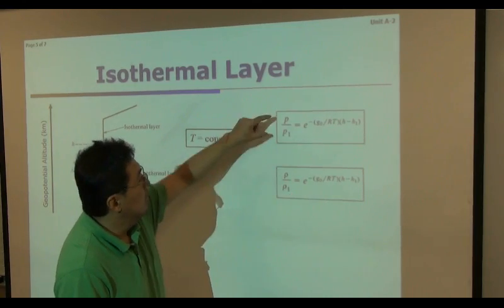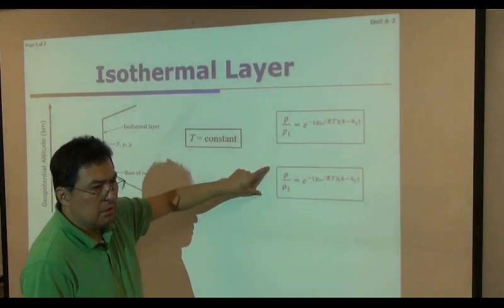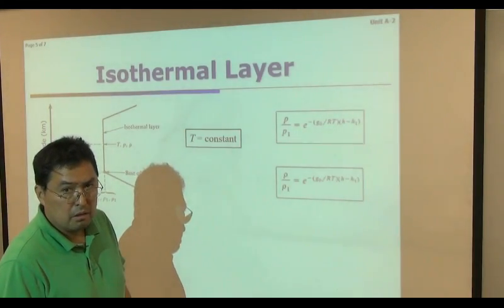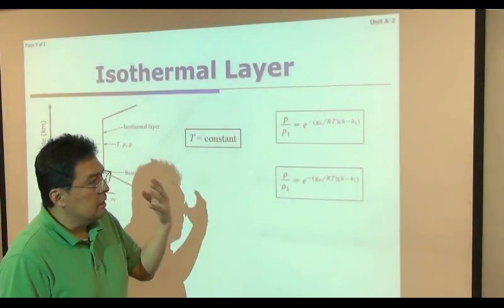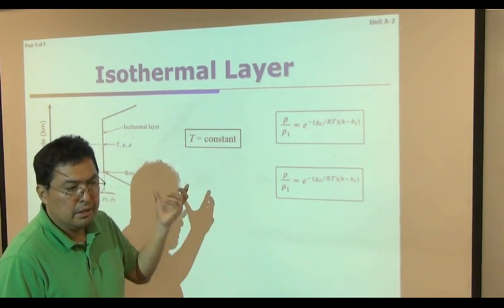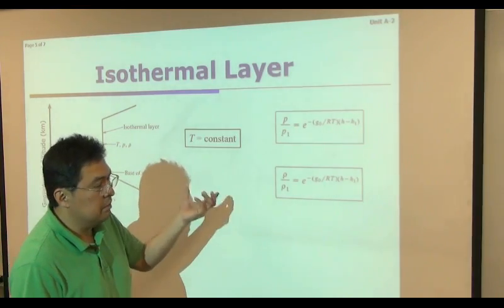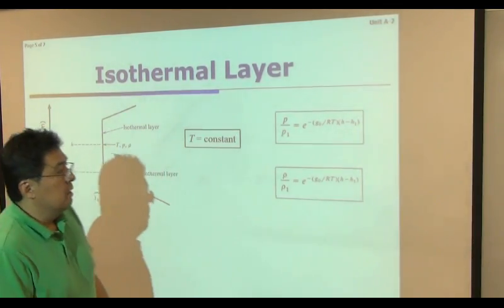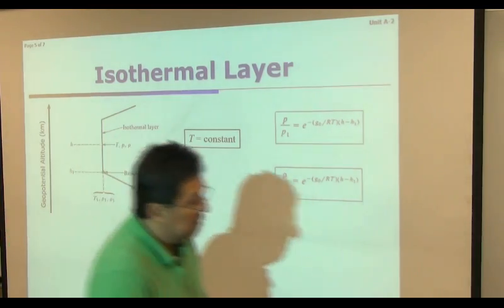That means the pressure ratio is equal to the density ratio. Have you ever heard of that in the past in fluid mechanics? Oh yeah. In an isothermal flow field, the pressure ratio is also the density ratio. I hope you recall that.